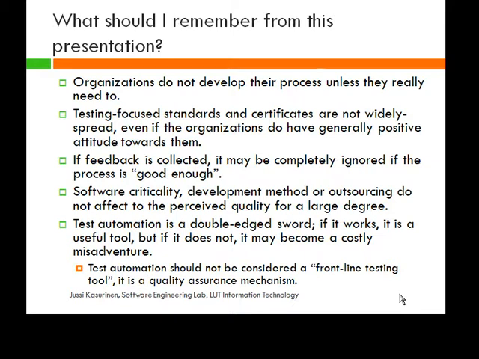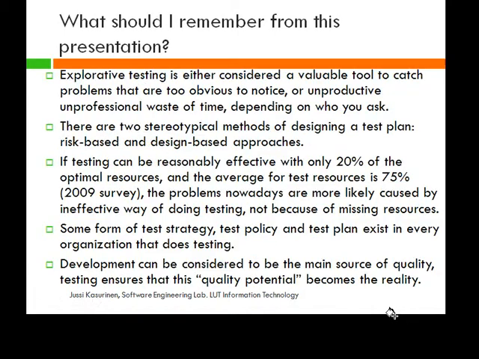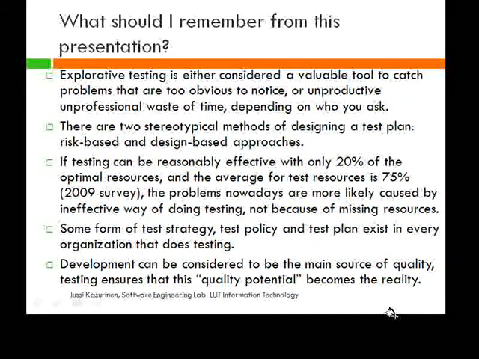Of course, it's not that. It's a quality assurance mechanism which aims to make sure that certain parts of the program don't break down. Okay, so the organizations have 2 stereotypical methods of designing a test plan within a project: either risk-based or design-based.